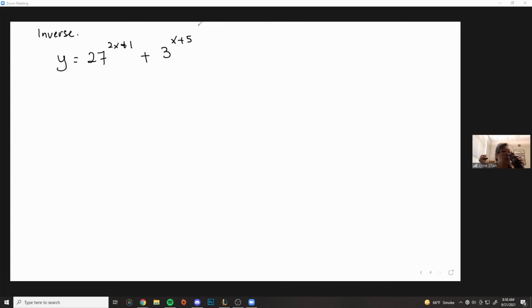Solve for x. What happens when your exponent has a variable? How do you solve it? Log. So I'm combining inverse and log. So what do we do first? Do we inverse first or do we log first?